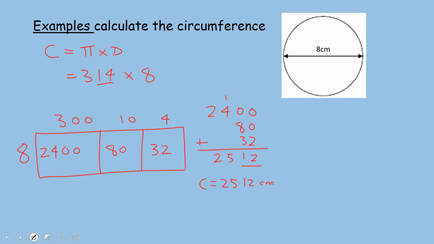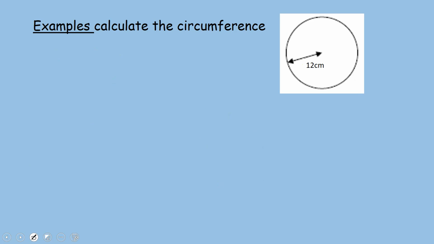Let's have a look at our last example now. So here you've been given the radius, a radius of 12 centimeters. So if you think back to what we talked about at the start of the lesson, that's half of the diameter. So the diameter must be 2 times 12, which is 24 centimeters.